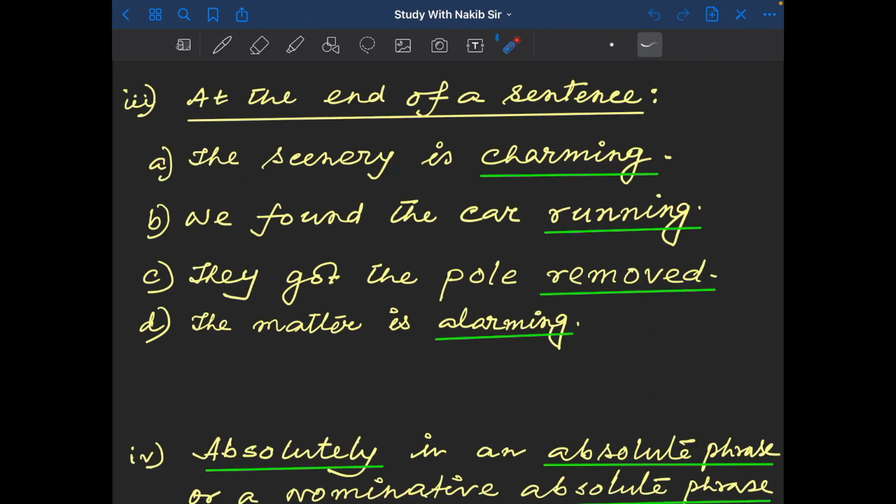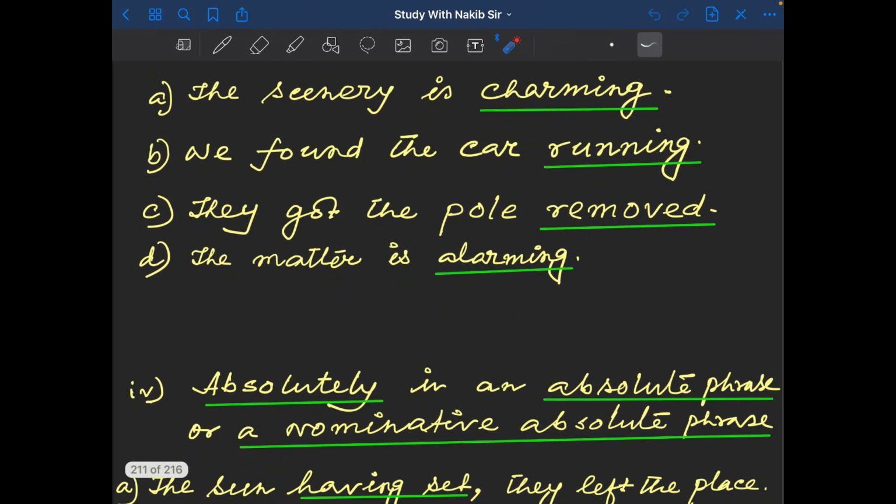Number three, participle is used at the end of a sentence. So first, a participle is used at the beginning of a sentence. Second, a participle is used before the noun. And third, a participle is used at the end of a sentence. See the example. The scenery is charming, present participle. We found the car running.